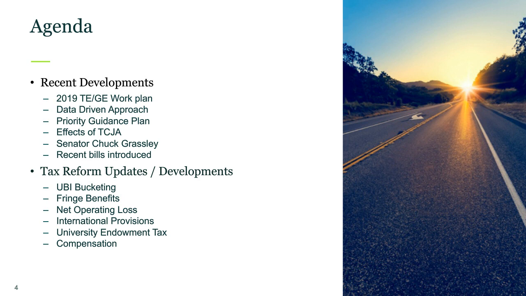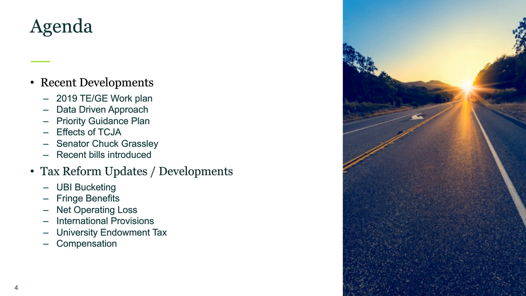Then we'll jump into tax reform updates and developments, going over unrelated business income bucketing, fringe benefits, net operating losses, international provisions, university endowment tax, and compensation.